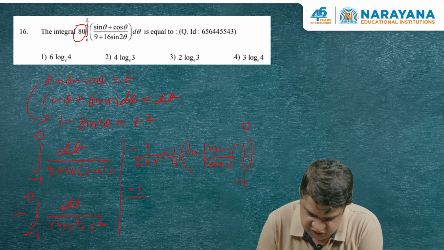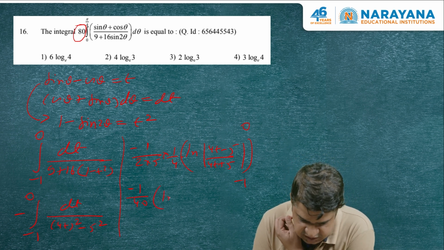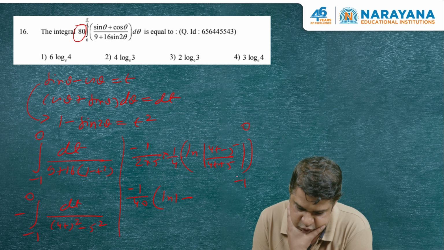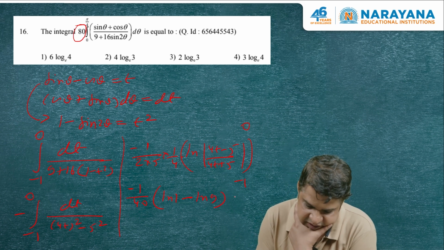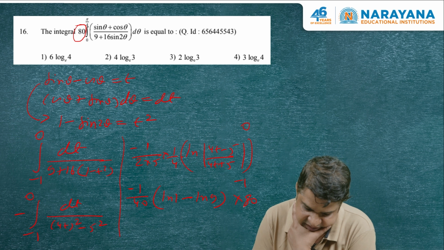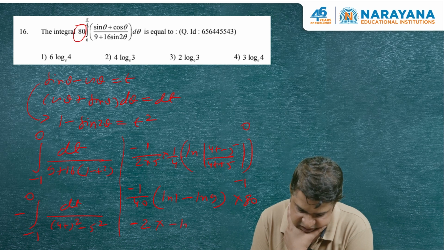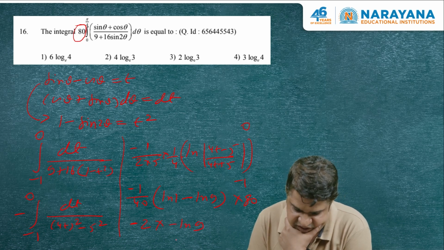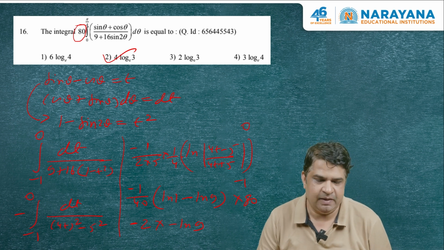So, now it is minus 1 by 40 multiplied with, when we put 0, it is ln 1 minus, when we put minus 1, it is ln 9. Now, when we multiply this whole with that term, it is basically minus 2 into minus ln 9, means it is 4 ln 3, and 4 ln 3 means this option is correct.